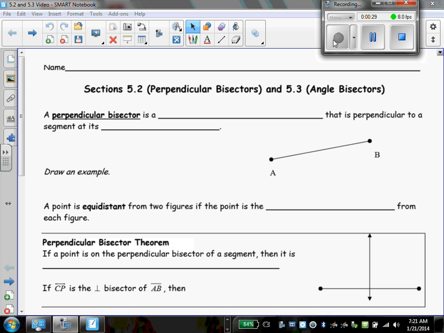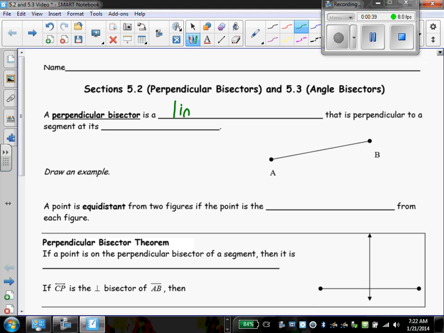And what a perpendicular bisector is, it is a line that is perpendicular to a segment at its midpoint. So, let's say we have segment AB here.